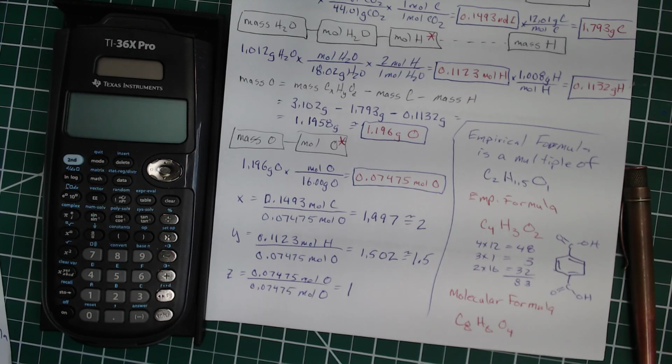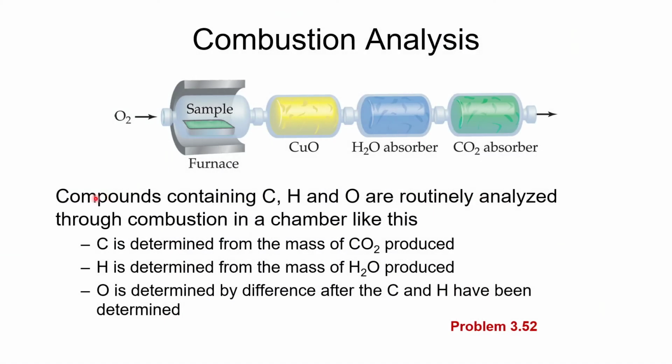All right, there's one more quick thing that I want to do before we stop this section, and I'm going to go back to this. Combustion analysis is not the only tool for figuring out empirical formula. I've already shown you the percent composition, and that is one of our methods for doing it. Of course, with percent composition, there's no simple experiment that gives that to you directly. You usually have to figure that out from other experiments.